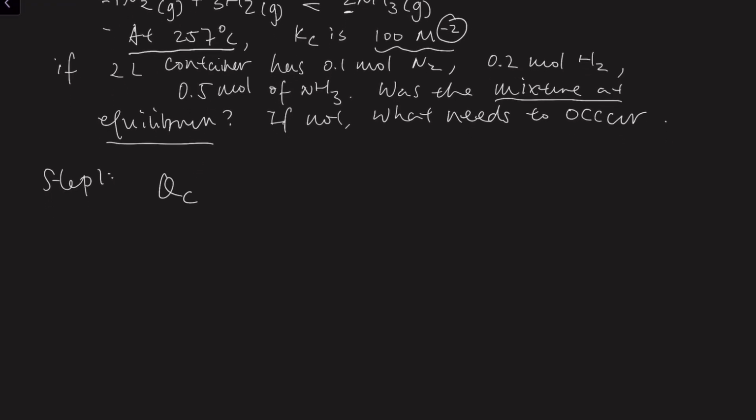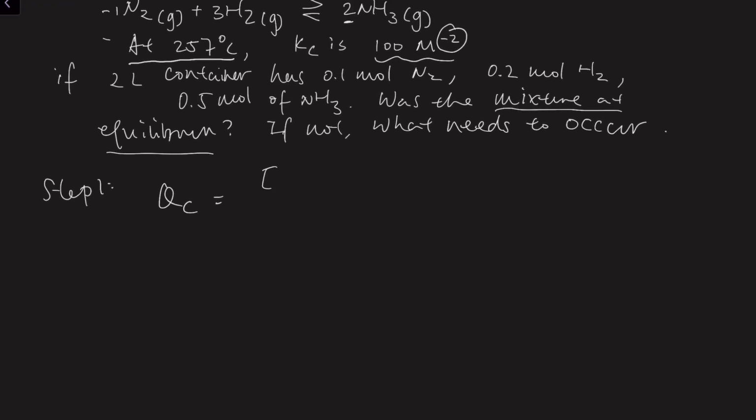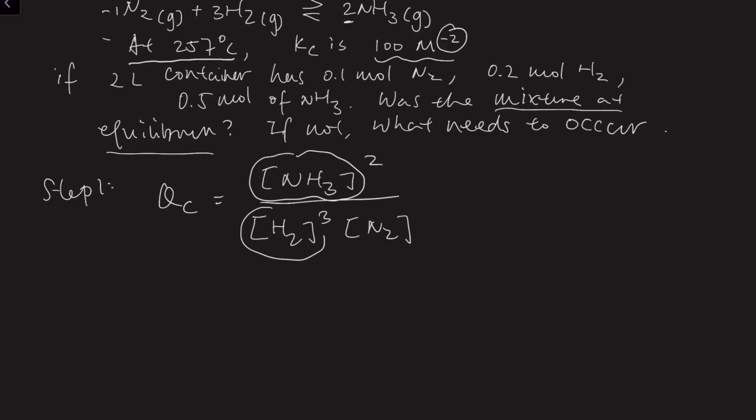So as we recall, this is the formula of the concentration fraction for this particular chemical reaction. And note that we require the concentration of those 3 chemicals involved in this chemical reaction.